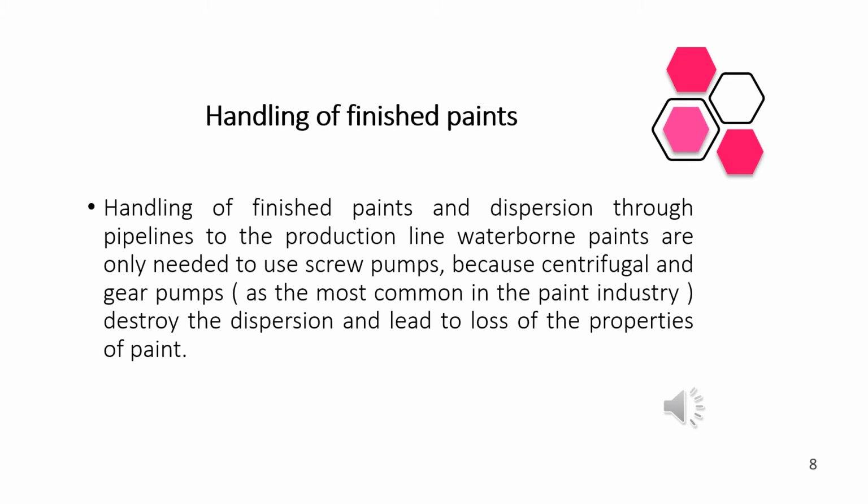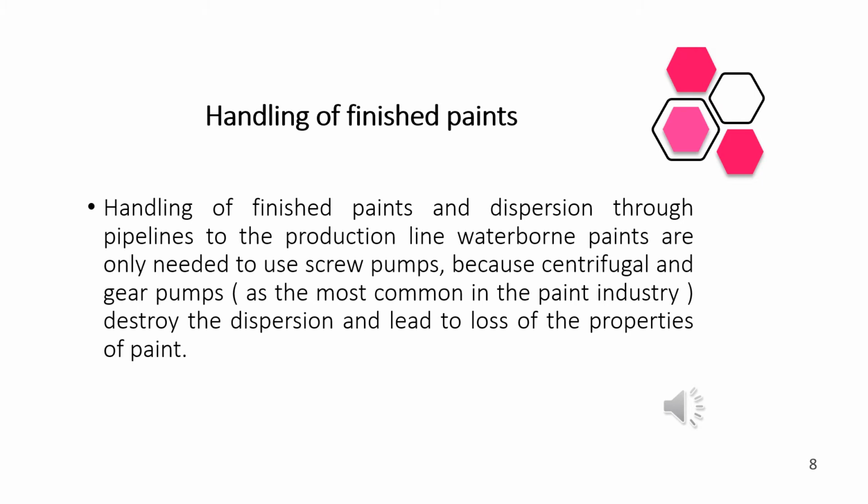So, centrifugal pumps are important in the paint industry, but there are many side effects of using them in the paint industry. They destroy the dispersion and lead to loss of properties of paint.